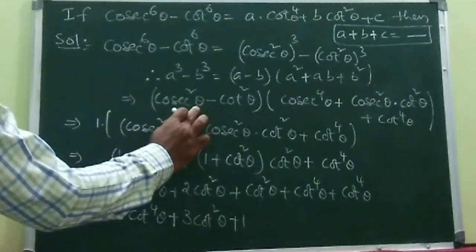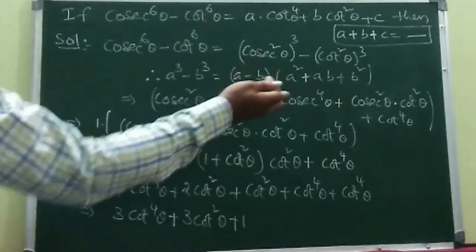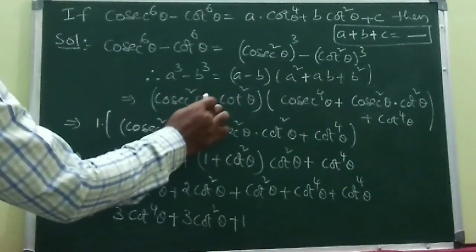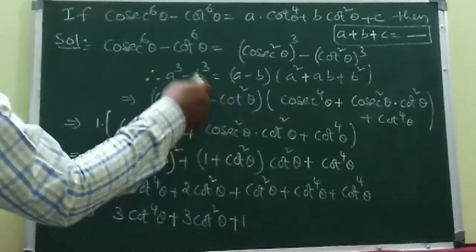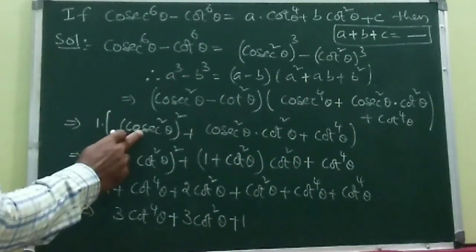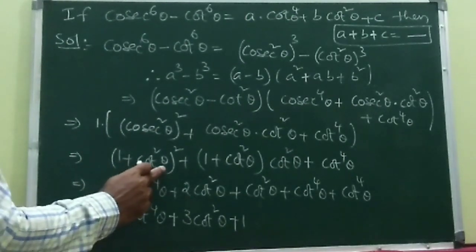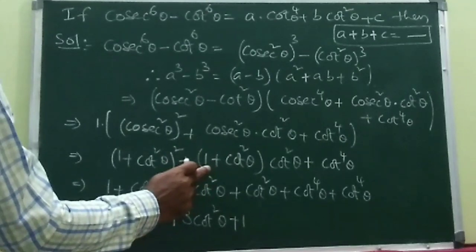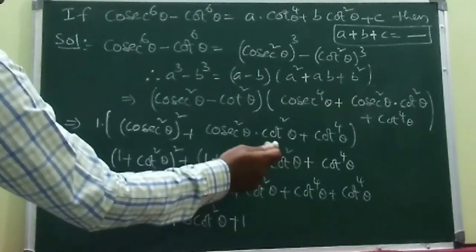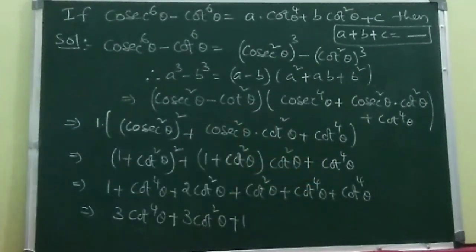Now from this identity, cosecant square minus cot square is equal to 1, no? So if you send this minus cot square that side, then cosecant square theta is nothing but 1 plus cot square theta. So that is what I am replacing, 1 plus cot square theta whole square. Even in the place of cosecant square, once again 1 plus cot square theta into these two are as usual.